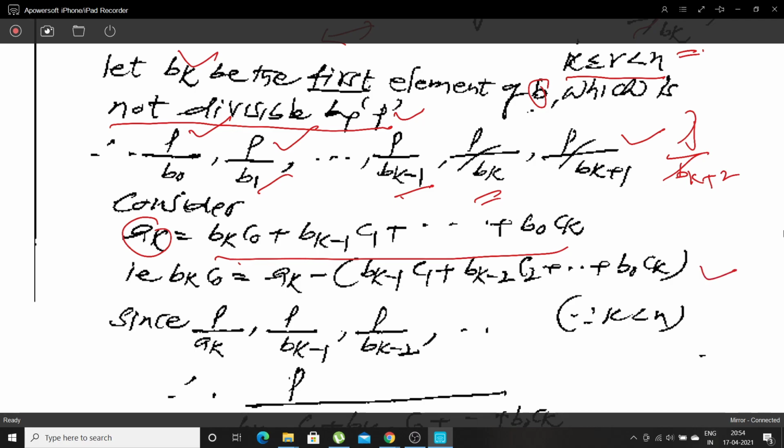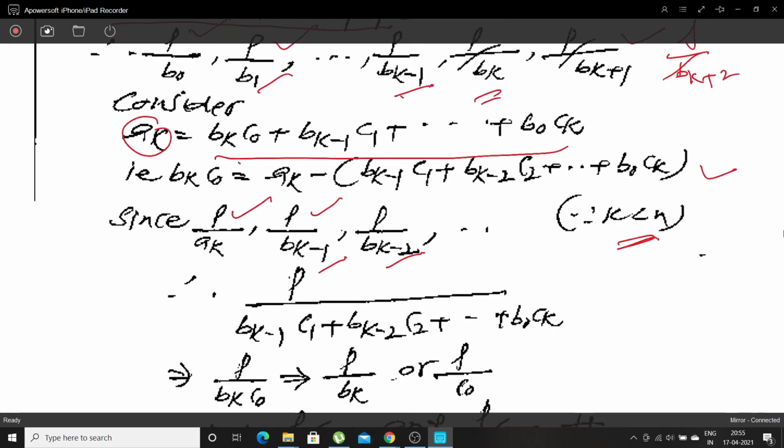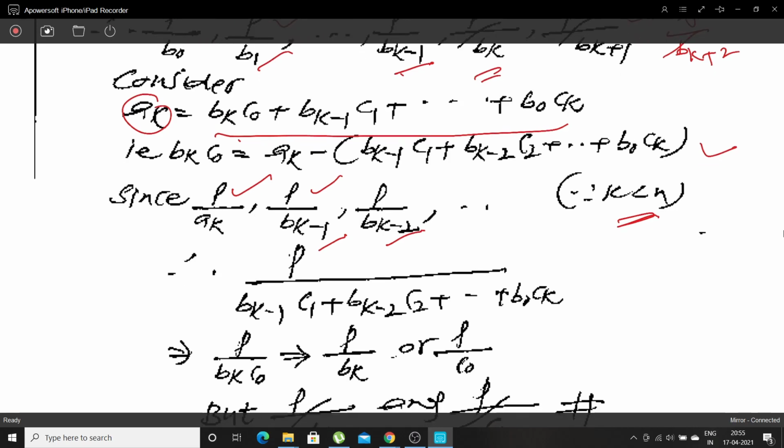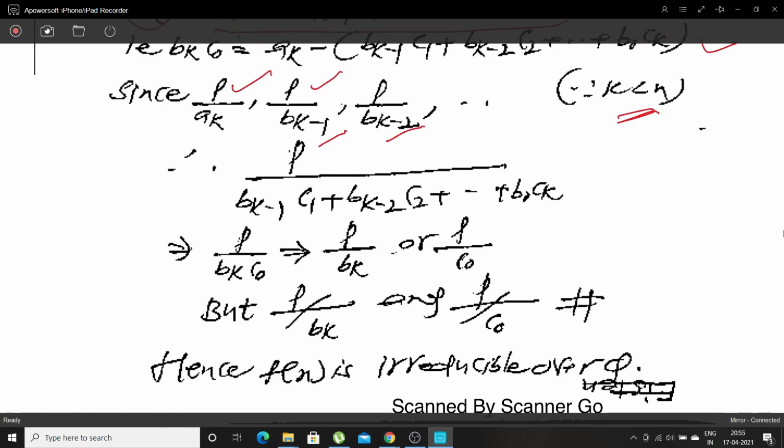Since p divides ak, fine. P divides bk minus 1, p divides bk minus 2, because the condition is k is less than n. That indicates p divides all the terms except bk. That means p divides the sum of all the other terms, so it indicates p divides bk c0.